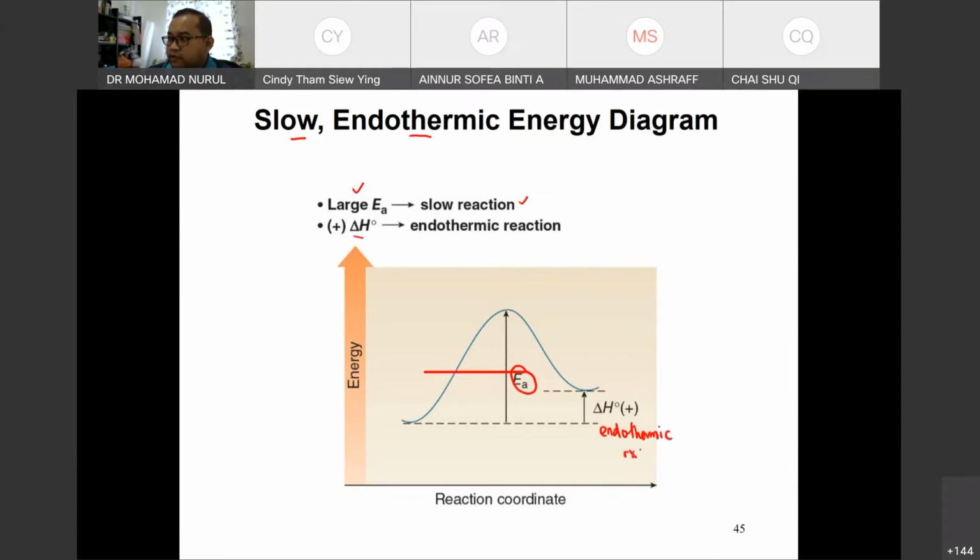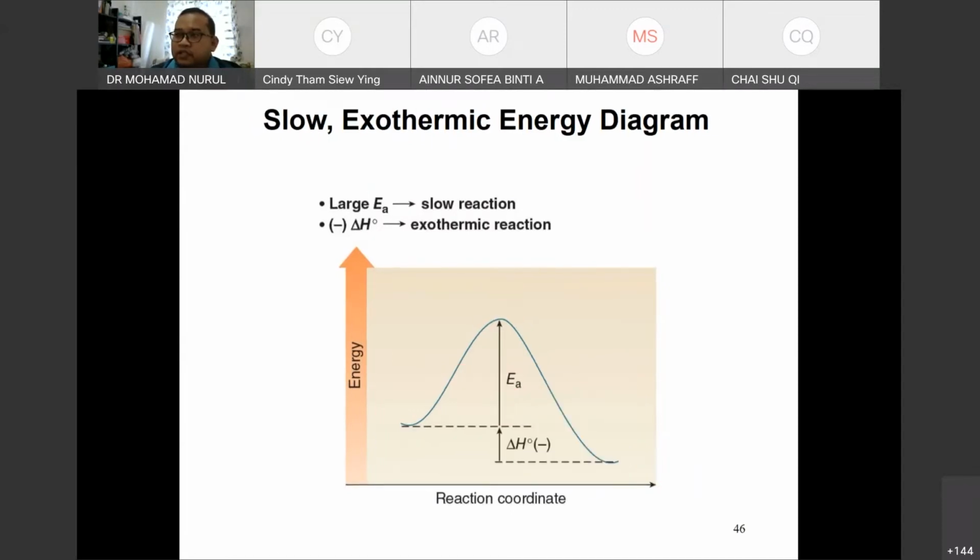This one is the starting material, this one is the transition state, this one is the product. Y-axis, x-axis, don't forget.